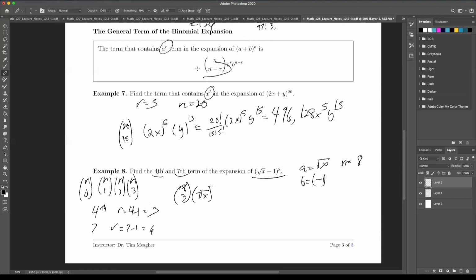I forgot your book to find it, weird. For the fourth term here, I'm going to have 8 minus 3 because I've gone down 3 here. So my r here, let me redefine my r for you guys so I don't get you confused or lost. Hold on.